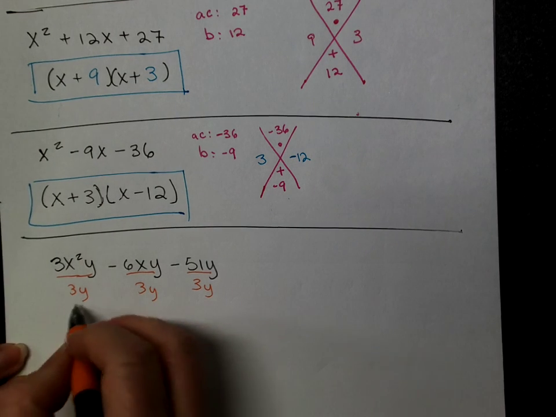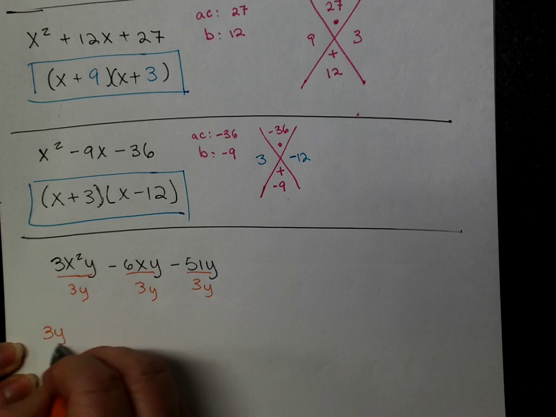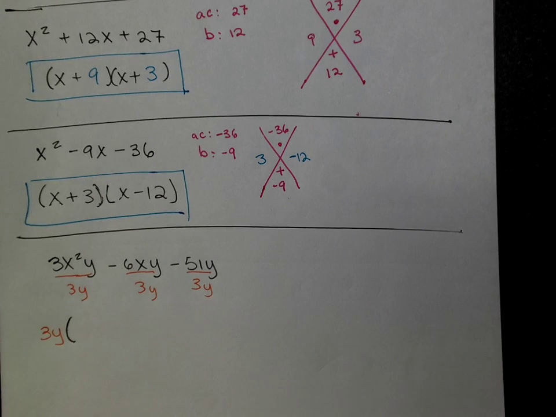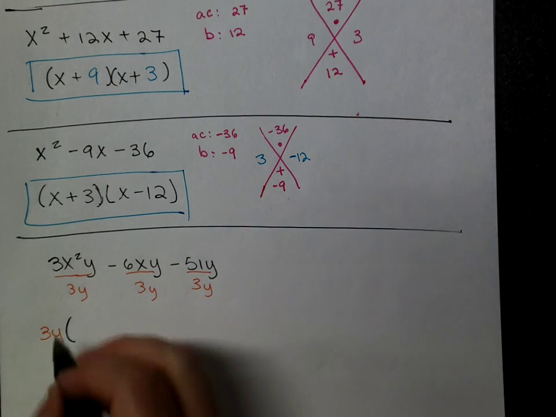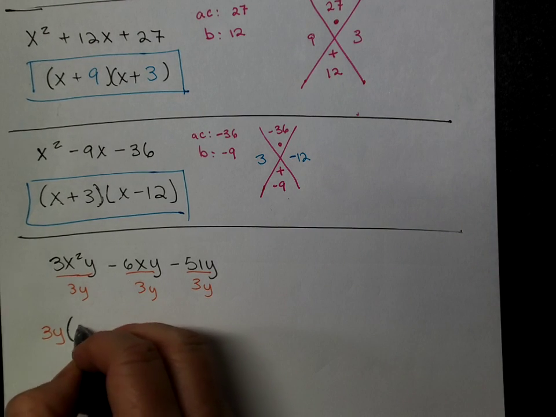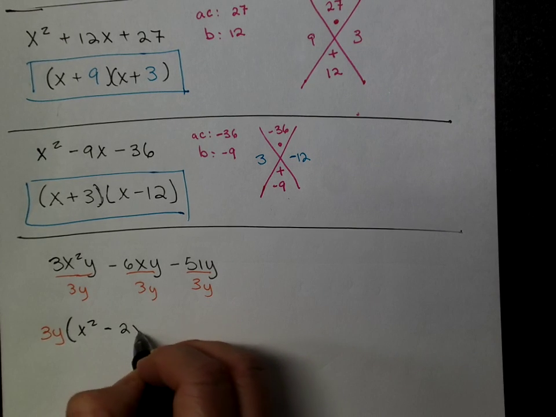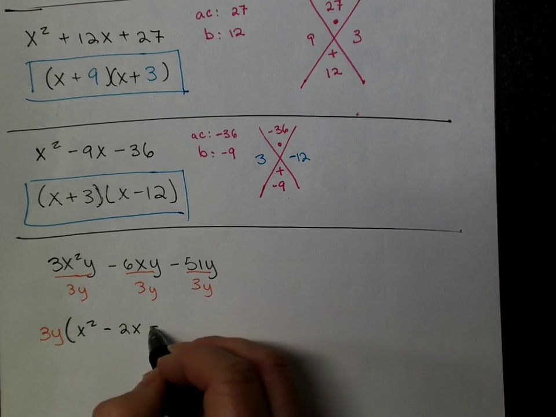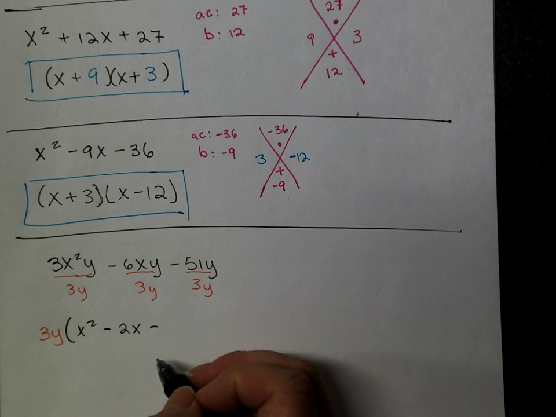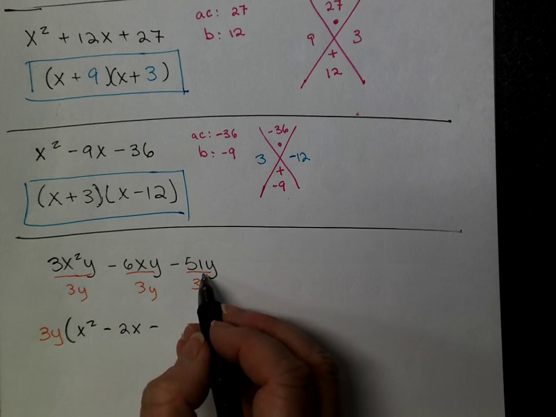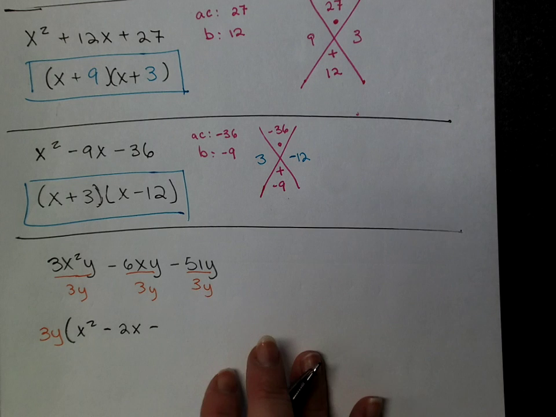Now remember, with the GCF, when you divide that out, you write your GCF and immediately put up a parenthesis. Now you divide out and all the leftover bits go in the parenthesis. So we have, yeah.